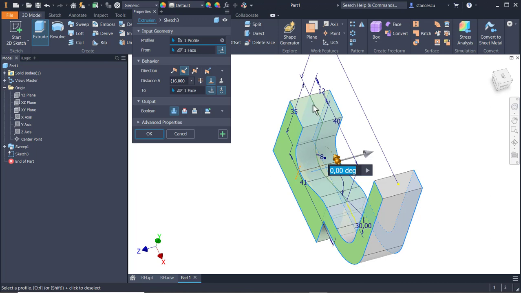Now the end planes are parallel with the mid plane. If these 2 are not parallel with the mid plane, then the extrusion takes place perpendicular on the first profile to those slope planes. Yes, we'll use it in this modeling. Okay.